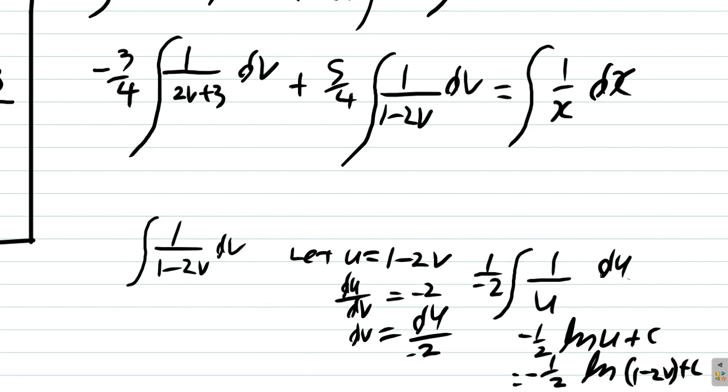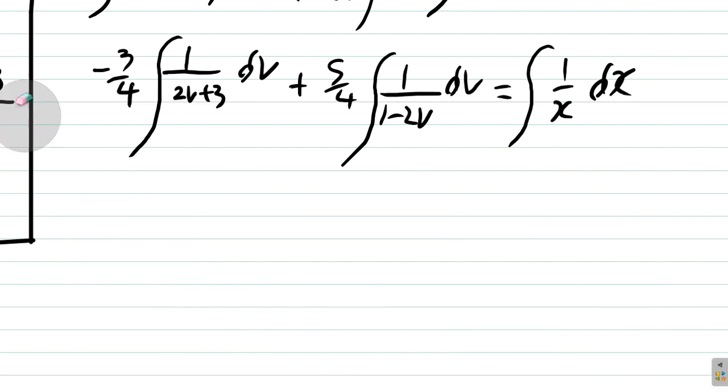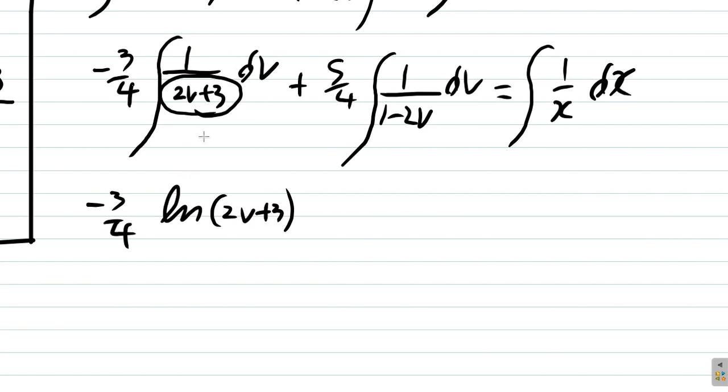Once you have been doing a lot of integration by substitution, you'll be able to see it quickly without having to go through the process that I did a while ago to be integrating them. So this integral is -3/4 ln(2v + 3), divided by the derivative of this. If you differentiate this, you get 2, so it's divided by 2.